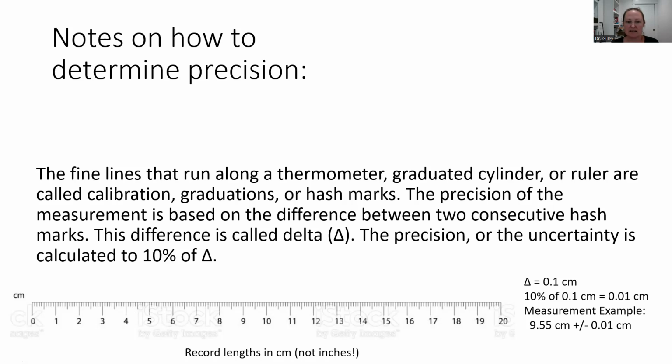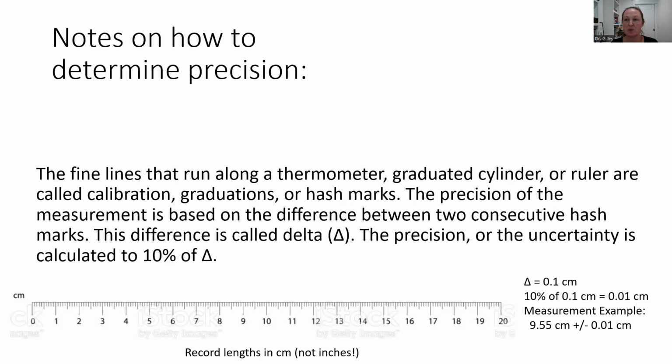So what is the delta value? Well, it's the difference between the two hash marks. So we're reading to the 0.1, because 4.1, 4.2, what's the difference between those numbers? It is 0.1, so that's the delta value. And then your precision or your uncertainty is 10% of that delta value.